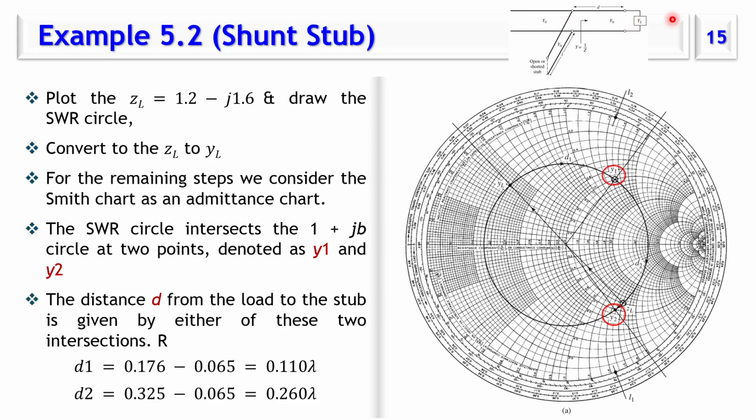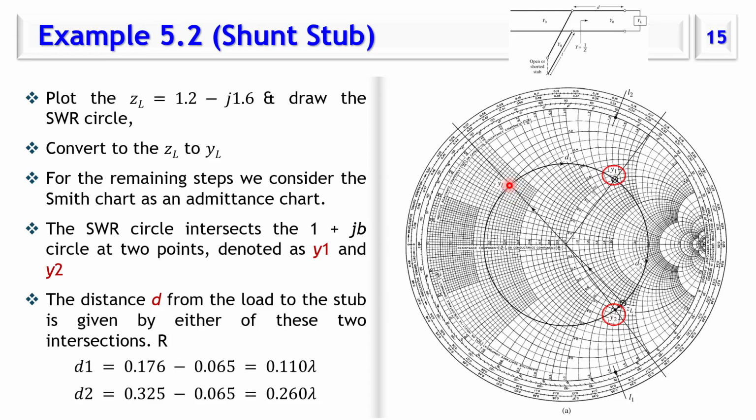In that direction, we are moving towards the load. So this is the impedance, but as we are dealing with shunt, we need to deal with admittance. So YL would be here.